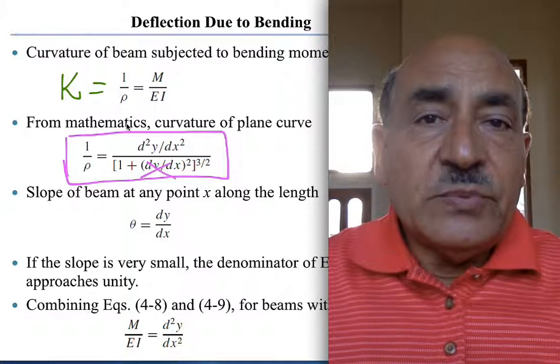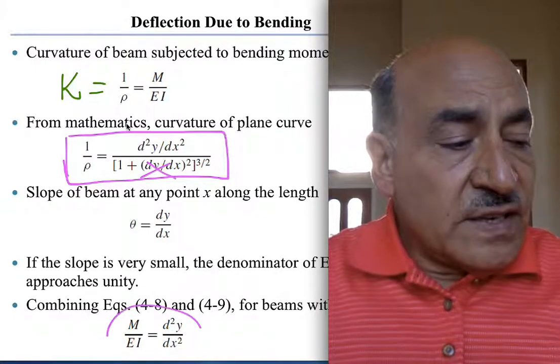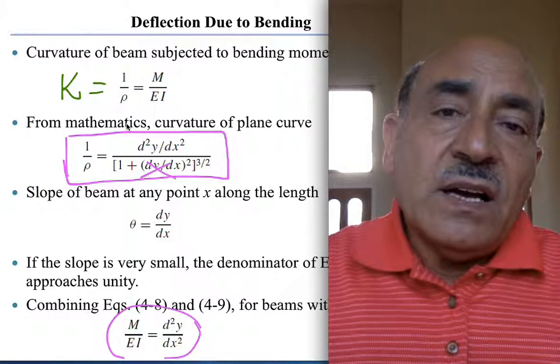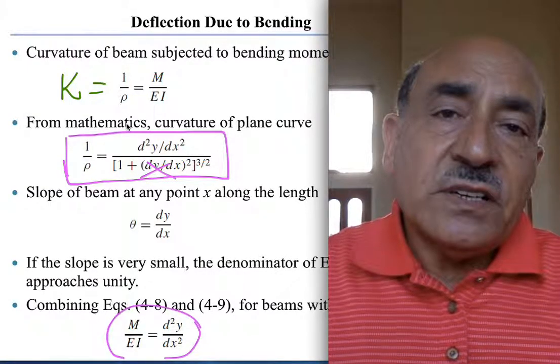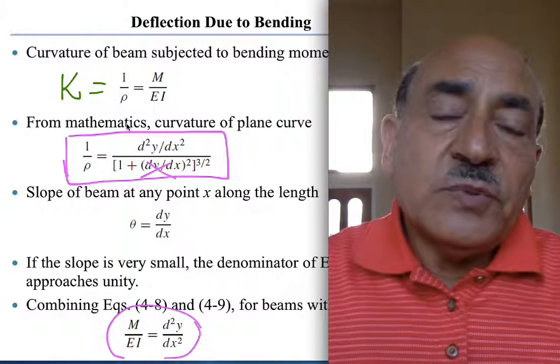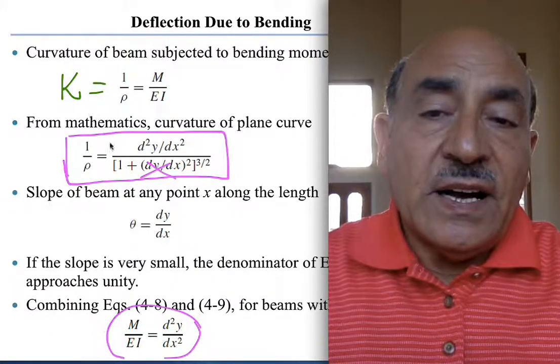And then we end up with an easier formula to discuss, and that is the second derivative of the deflection curve is proportional to the moment, and the proportionality constant is 1 over EI.